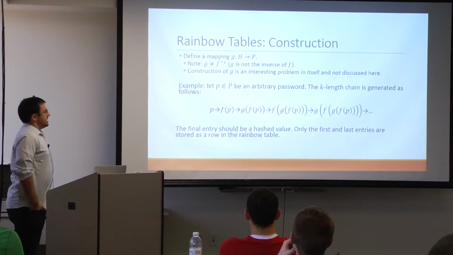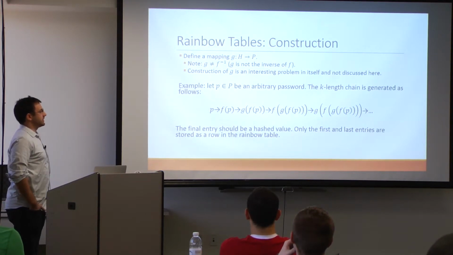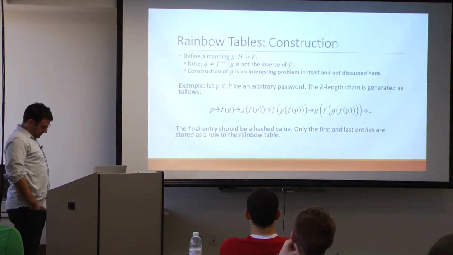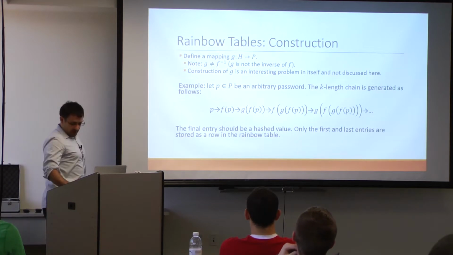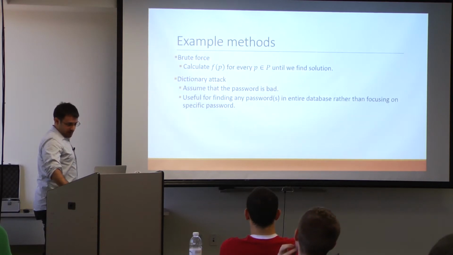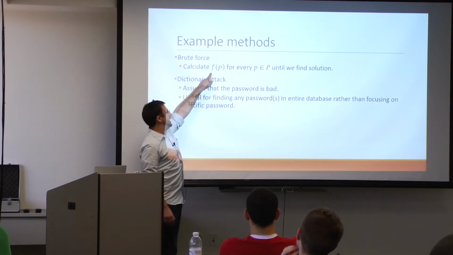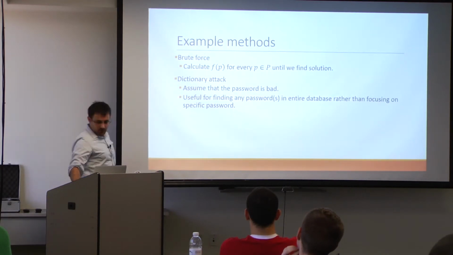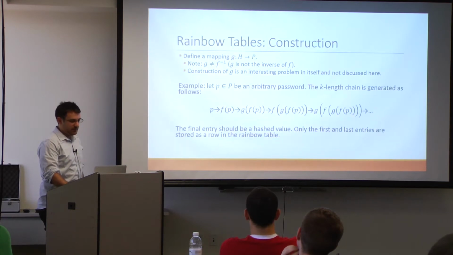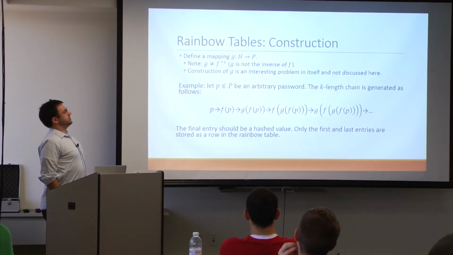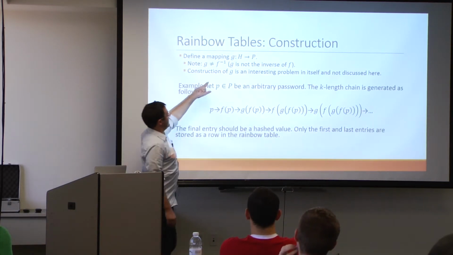This may be a little confusing at first, especially since we don't have much time. Going back really fast, from here on out, the function f represents our hash function, and k represents the length of the chains. To make these chains, we actually define a reverse mapping, g.